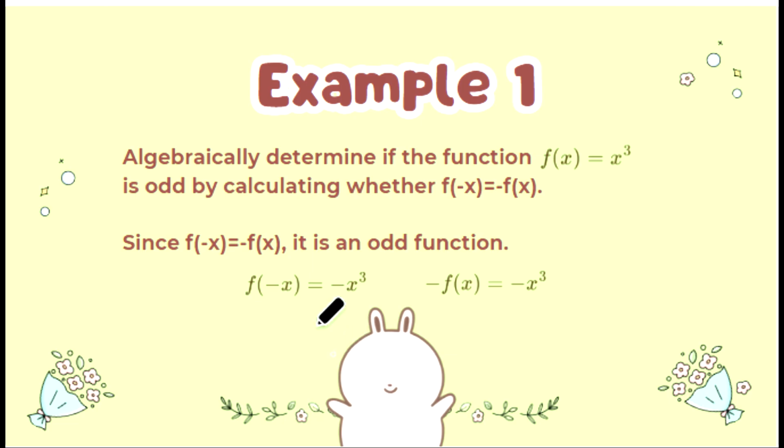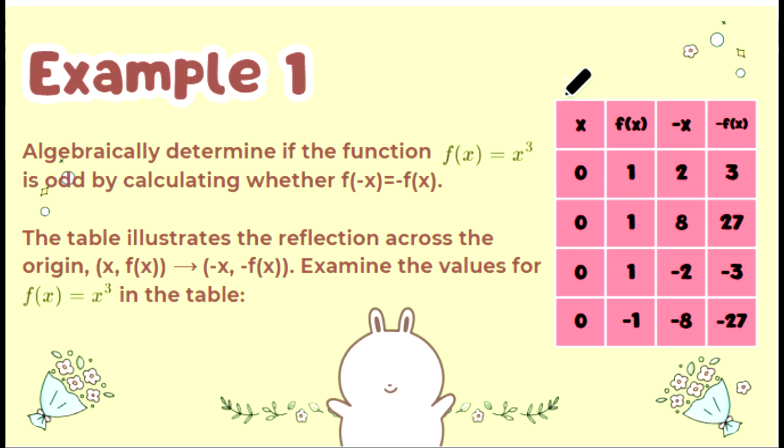That means that the two answers equal each other. They're both the same. f of negative x and negative f of x are both negative x cubed. That's exactly what we're looking for, so this is an odd function. The table illustrates the reflection across the origin. x of f of x becomes negative x of negative f of x.